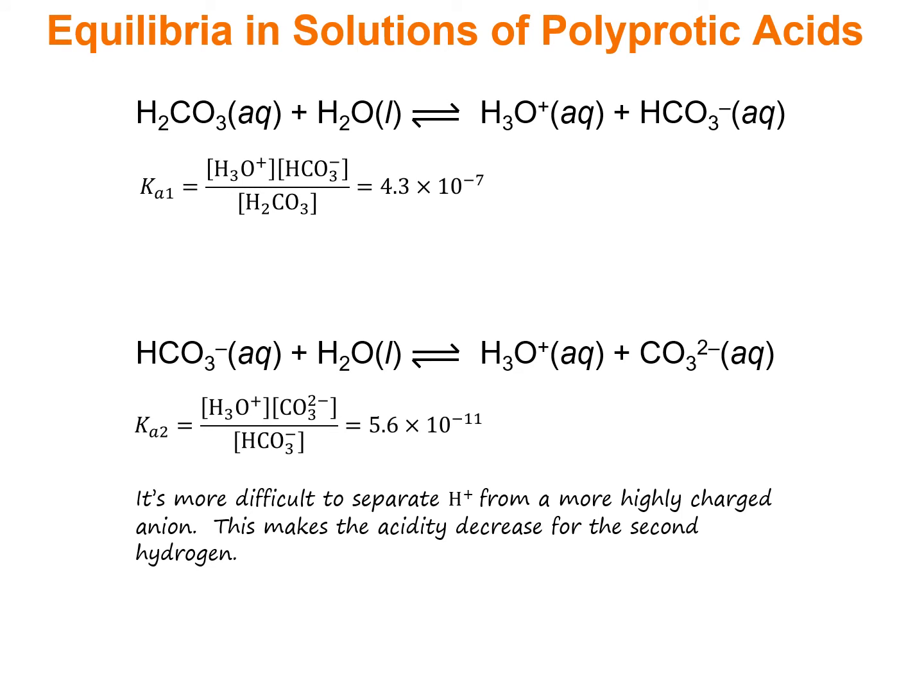One of the things we have to understand is that a polyprotic acid is always going to get weaker as we start dissociating more and more. The way we can rationalize this is by looking at the proton leaving the molecule. In that first dissociation, when the first proton is dissociated, you have this proton and then this HCO3 minus molecule that you're separating.